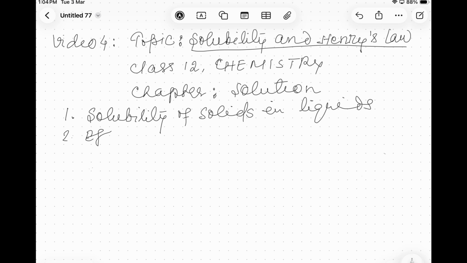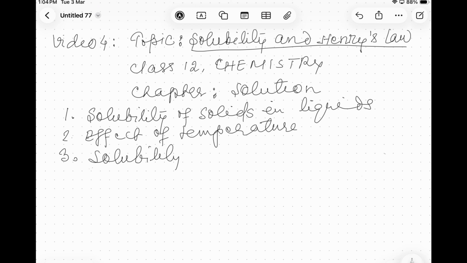effect of temperature, solubility of gas, and Henry's law.